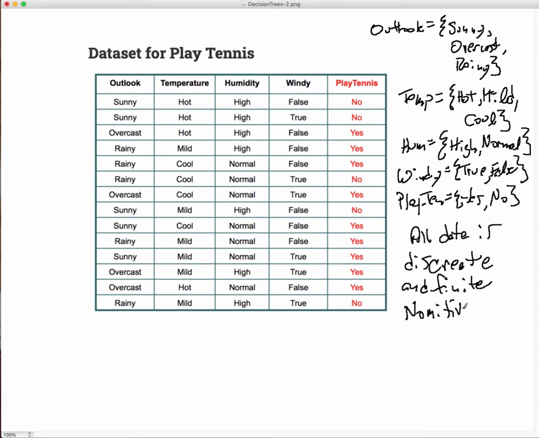They call this nominative data. They also might call it discrete data. They might also call it finite discrete data. All of these three terms mean exactly the same thing.